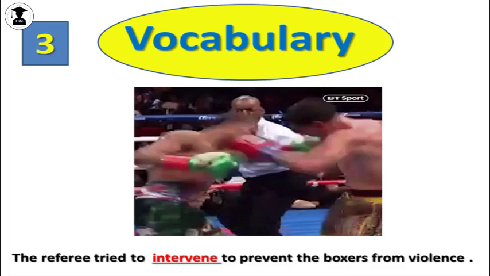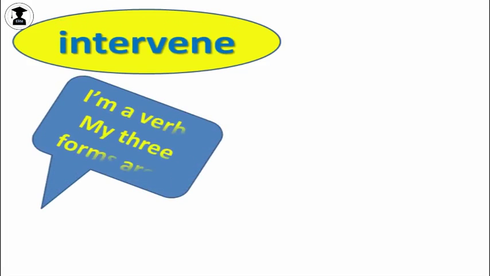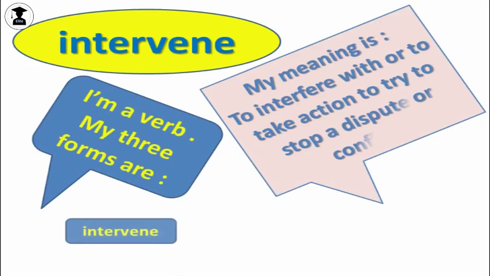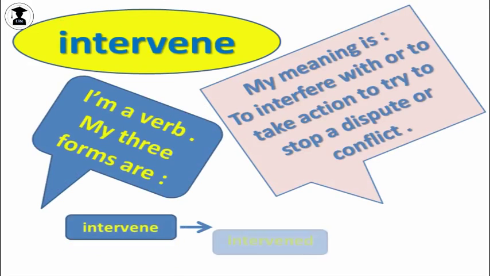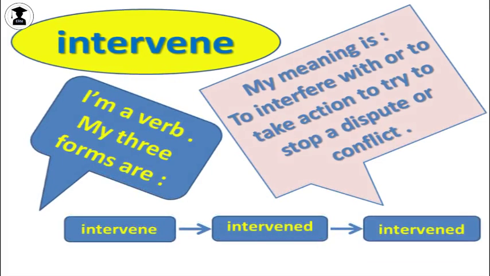So, can you guess the meaning of intervene now? Intervene is a verb. Intervene, intervened, intervened. And the meaning of the verb intervene is to interfere with or to take action, to try to stop a dispute or a conflict.